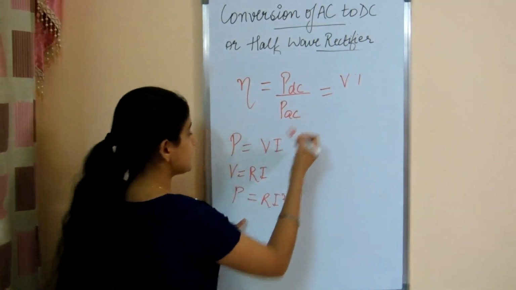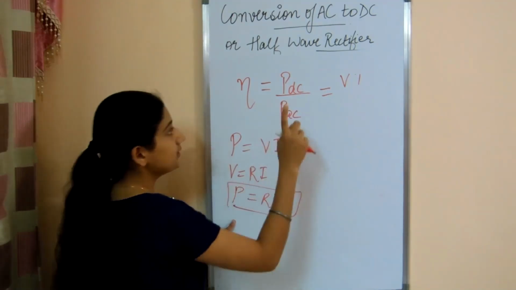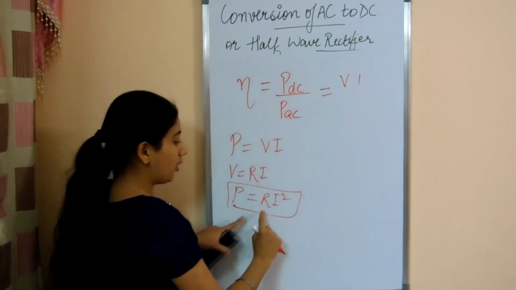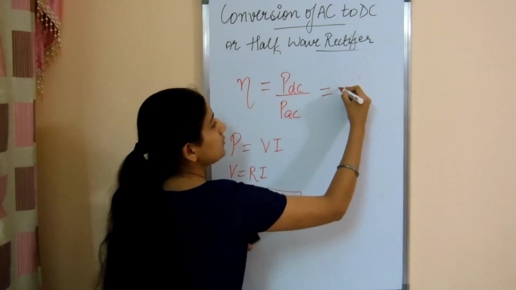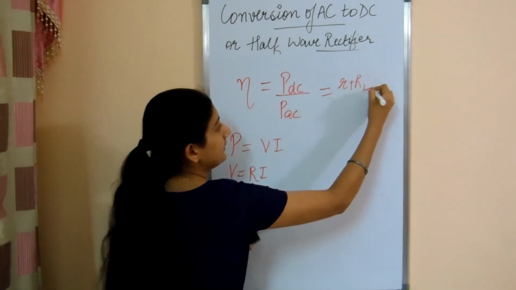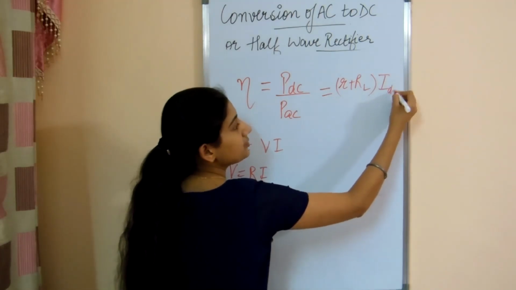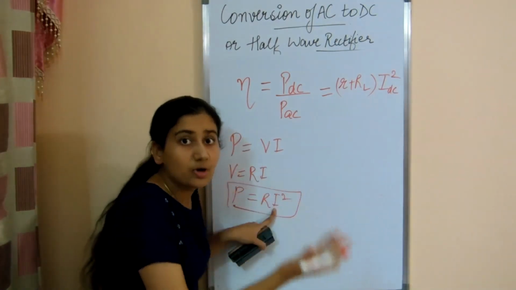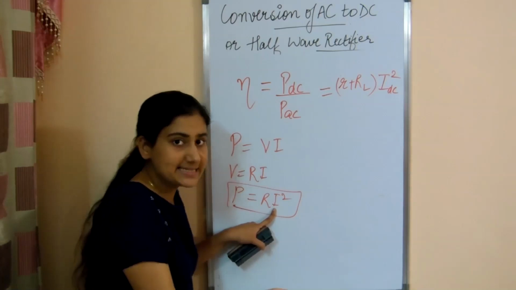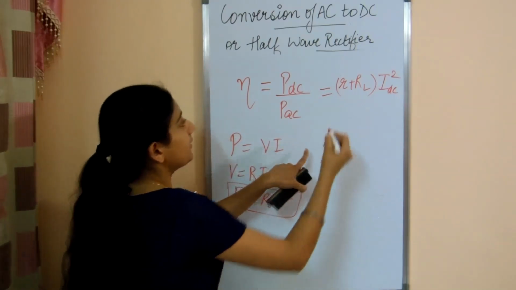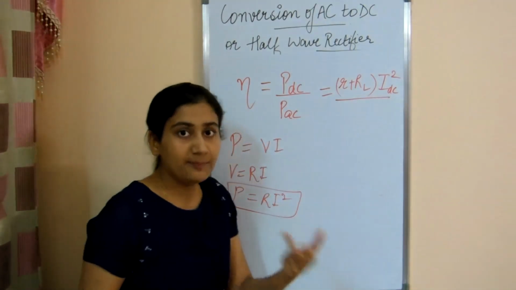So the total resistance for the output was small r plus capital R into I square, where I am going to take the output current, that is the pulsating DC current, and here the input.